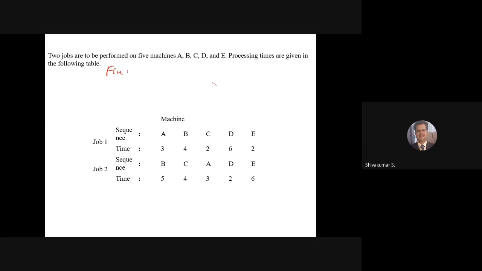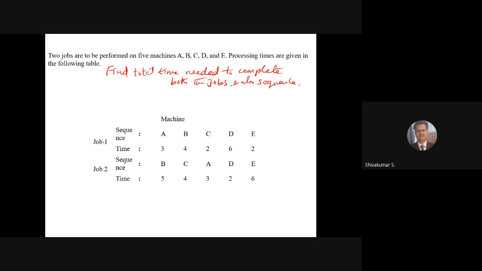So you have to find the total time needed to complete both the jobs, and also find the sequence, just like the previous problem.